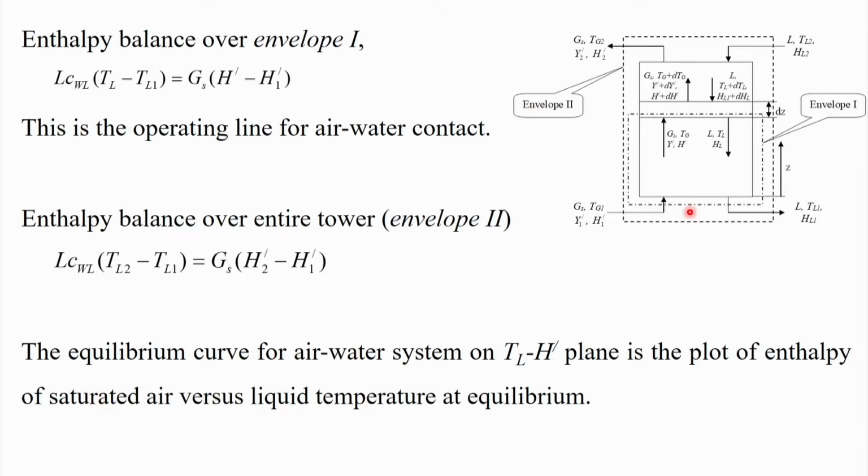So, the equilibrium curve for the air-water system on the T_L, H prime plane is the plot of the enthalpy of the saturated air versus the liquid temperature at equilibrium.